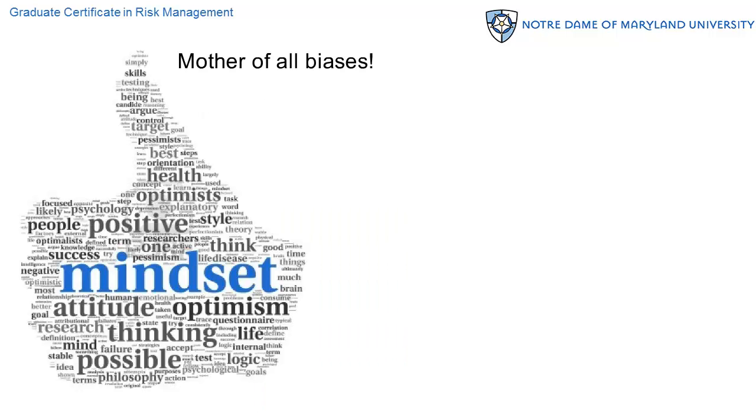Our mindset is the mother of all biases. Your organization has a mindset, and you have one too. Yours might conflict with your organization's mindset, and that can make for some difficult work days. On the other hand, over time, many of us adopt our organization's mindset.